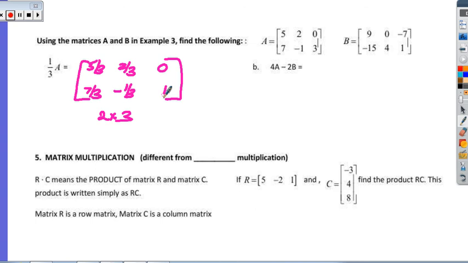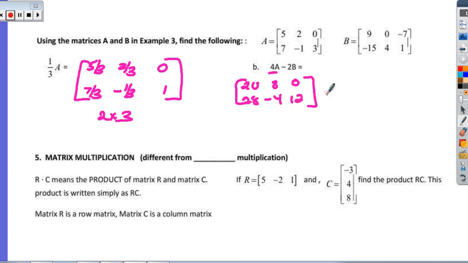Now problem B is a little bit different. Matrices will follow PEMDAS. So first thing I'm going to do is the scalar multiplications. First thing I'm going to do is take matrix A and multiply it by 4. So each of these elements will be multiplied by 4. And that will result in 28, 0, 28, negative 4, and 12.